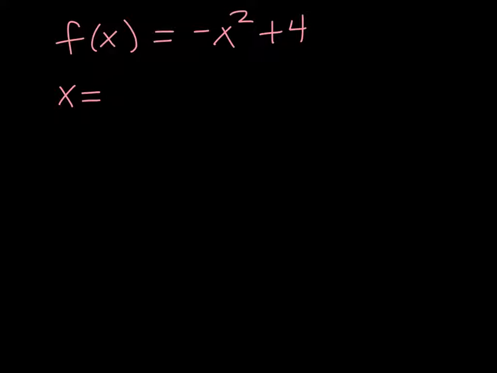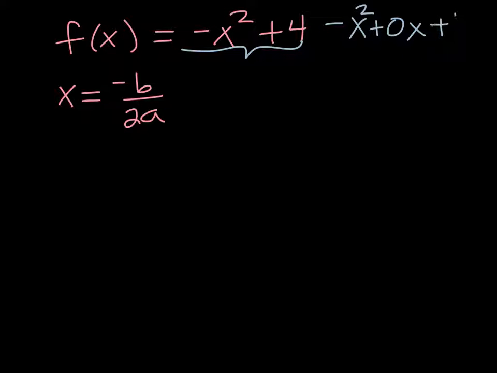Let's take a look at f of x equals negative x squared plus 4. So again, we're going to find our vertex, which is negative b over 2a, but let's take a look at this a little carefully. This is minus x squared plus 0x plus 4. So my a is negative 1, b is 0, and c is 4.